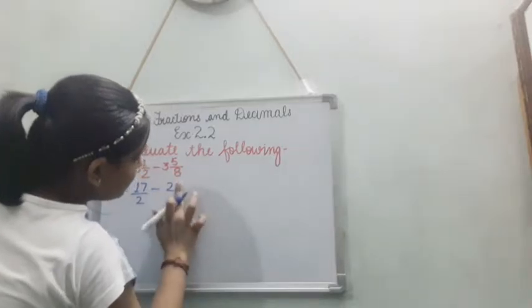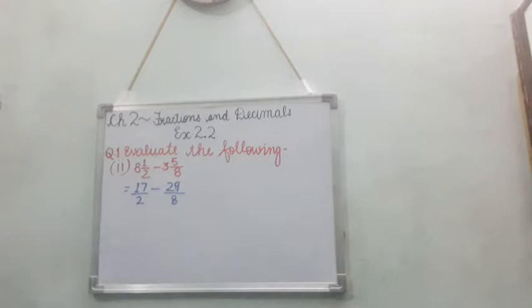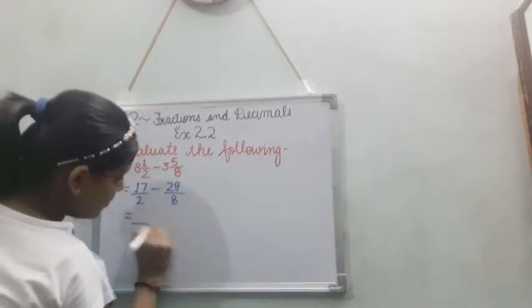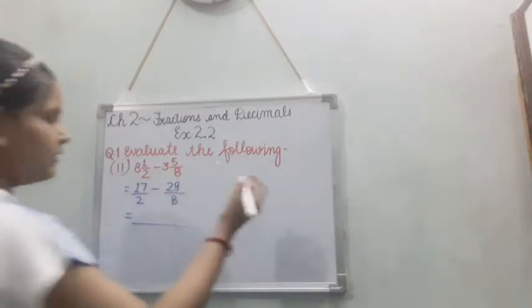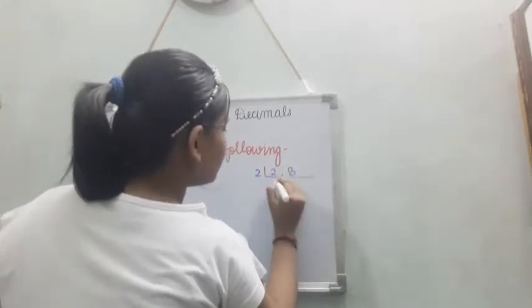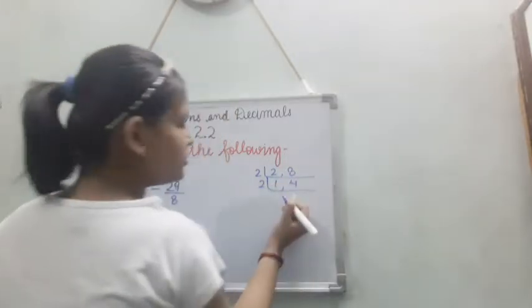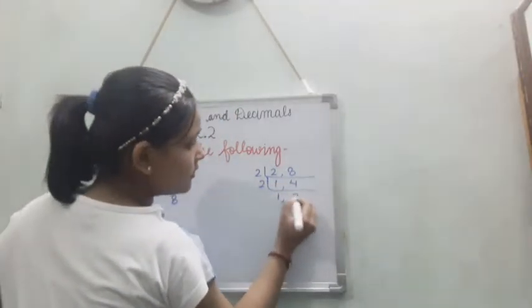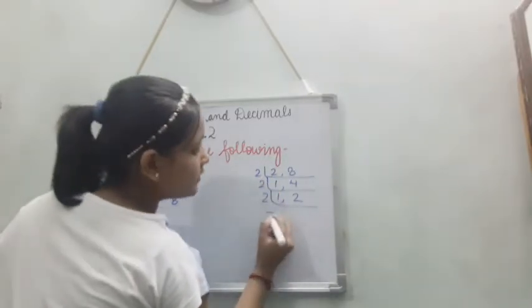Now we have to find the LCM for making them like fractions, that is of 2 and 8. So we will take out the LCM over here. 2 and 8, 1 and 4, and again by 2, 1, 2, 2. 2 2s are 4 and 4 2s are 8.